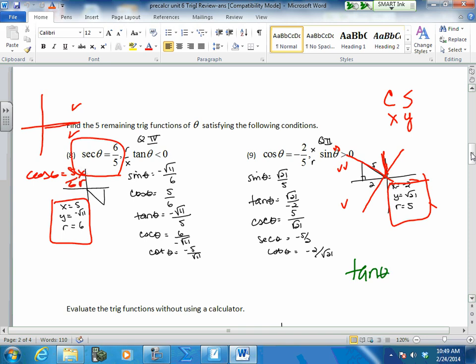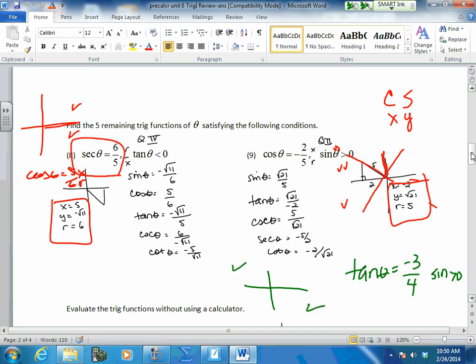If I give you this, I have a tangent that's negative. What quadrant is tangent negative? 2 and 4.